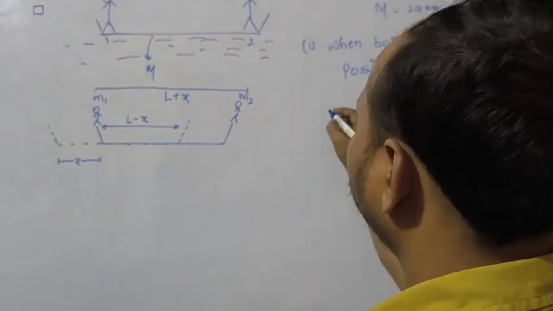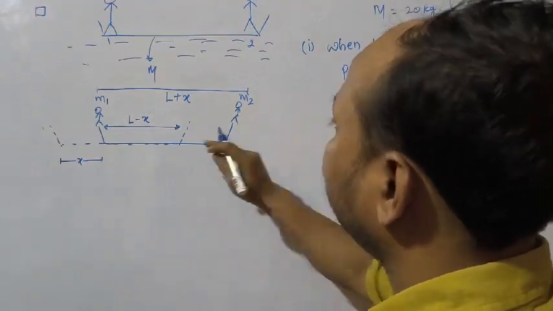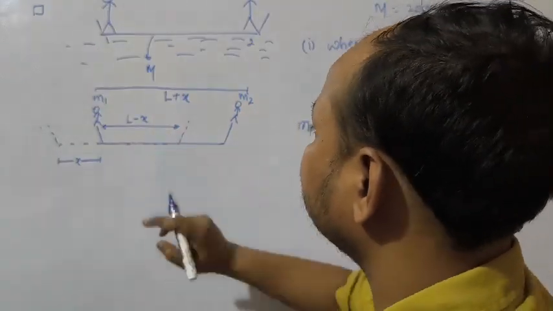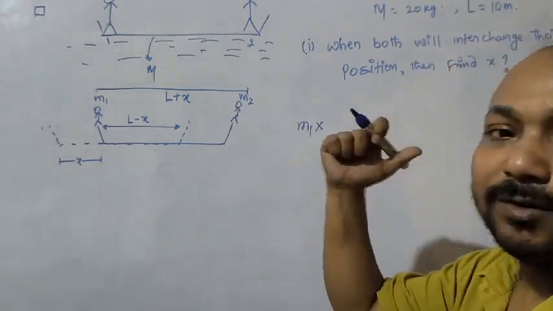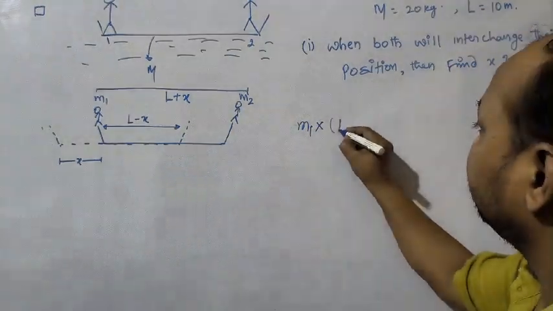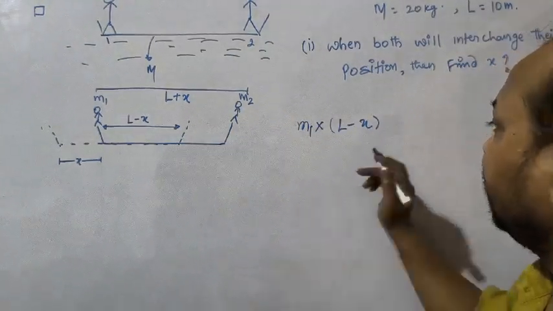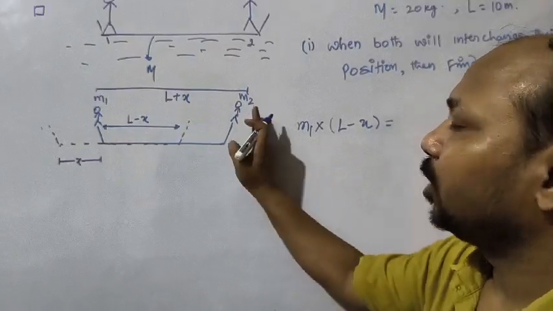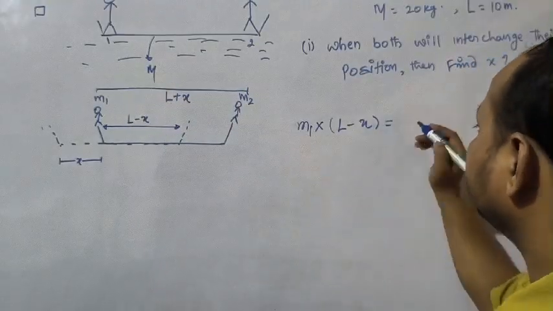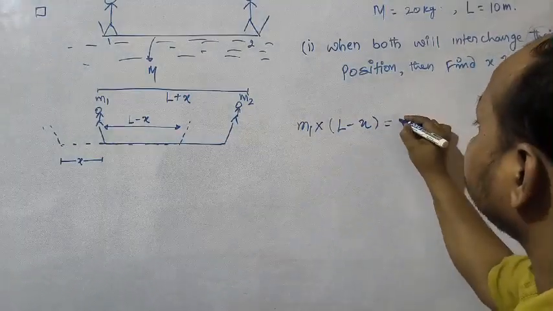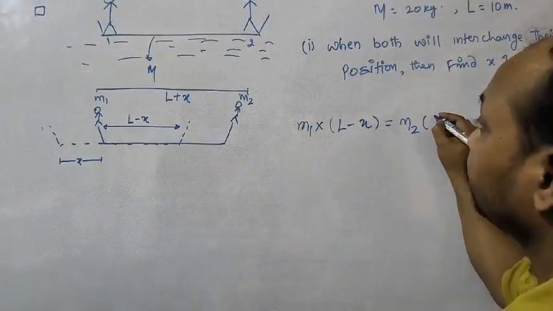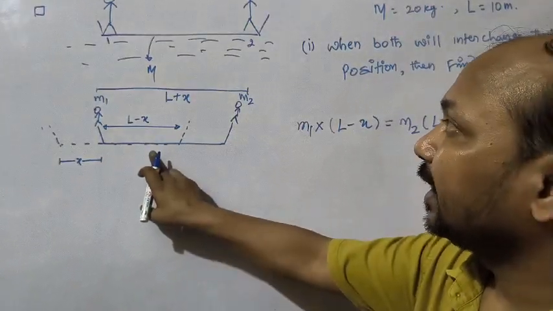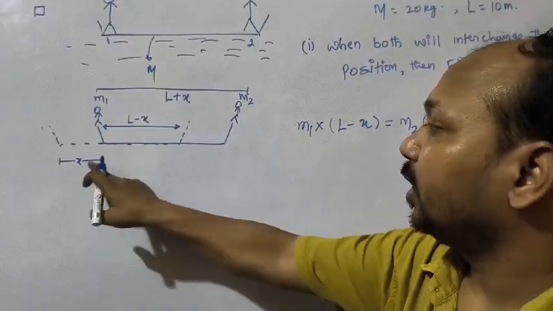So we write m1 into L minus x, since m1 is moving in the rightward or forward direction, is equal to m2 into L plus x, because m2 is moving in the backward or leftward direction, plus mass of boat capital M into x.